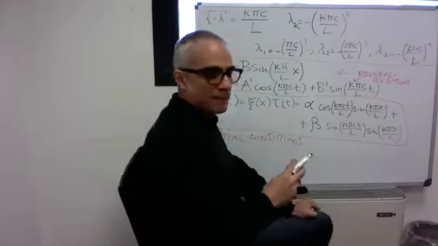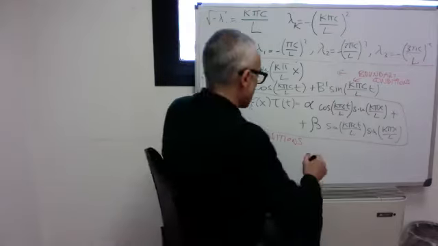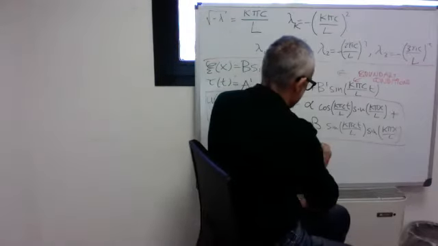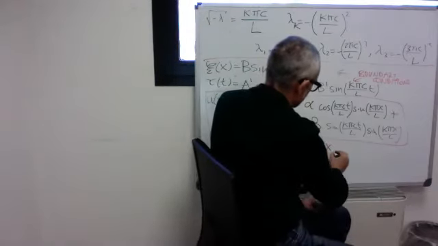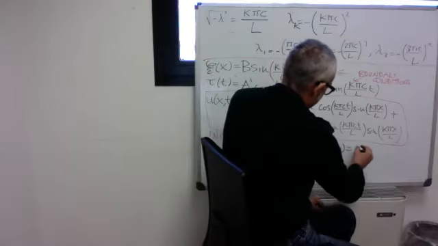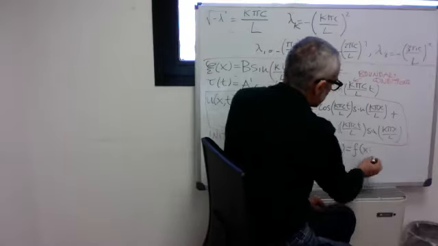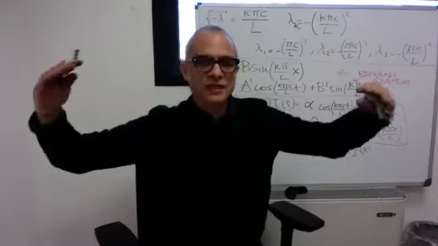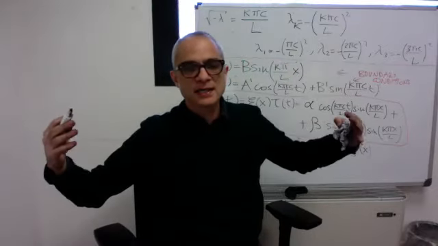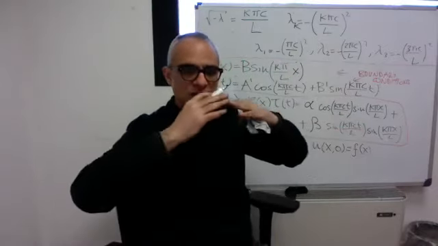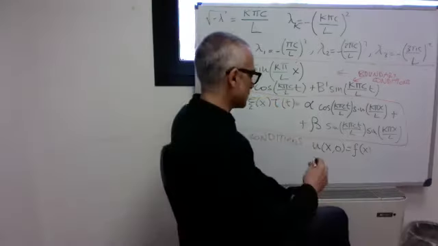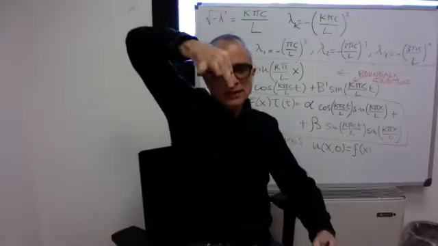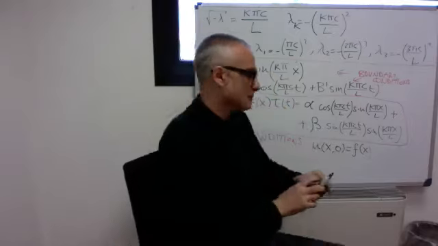So I will apply initial conditions on both the initial displacement u, which would be some function f of x that describes the initial setup, the initial form of the string. If I just pull it like this, it will be a triangle, for example.